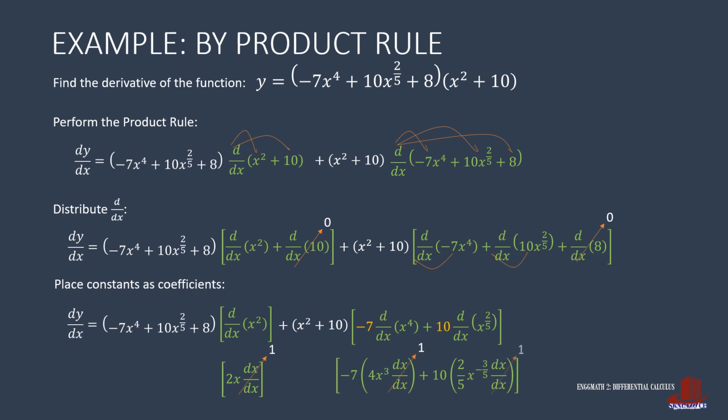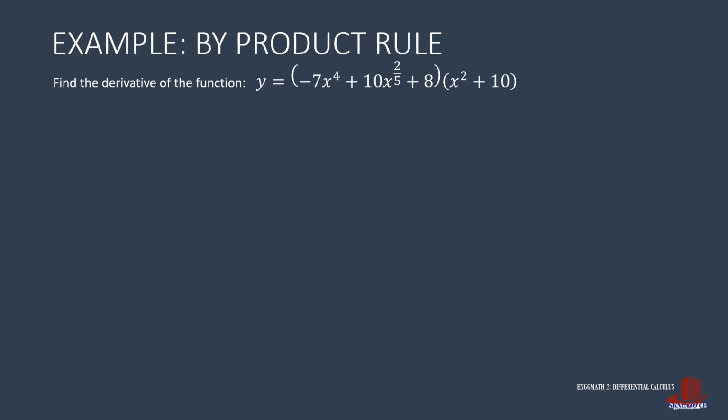Again, dx upon dx becomes 1. So the simplified raw derivative is the first term times 2x plus the second term times the quantity of negative 28x cubed plus 4x raised to negative 3/5. This is the derivative of the function, although we can still have it simplified through algebra.